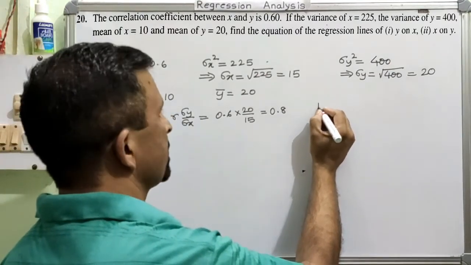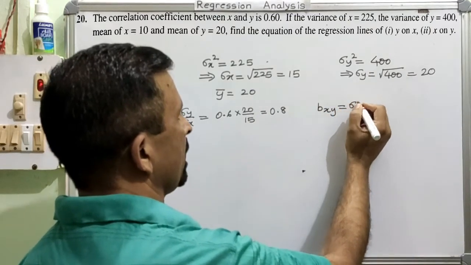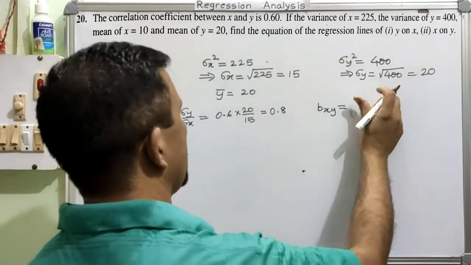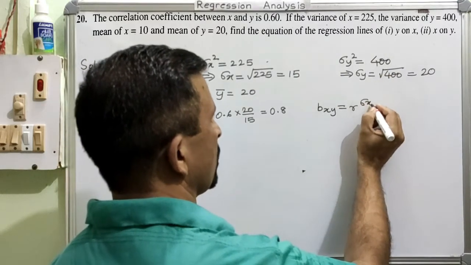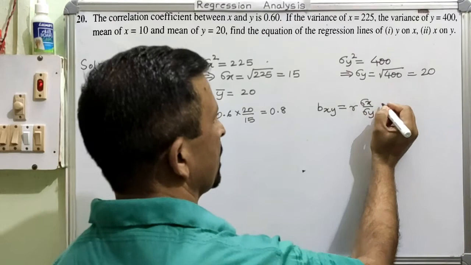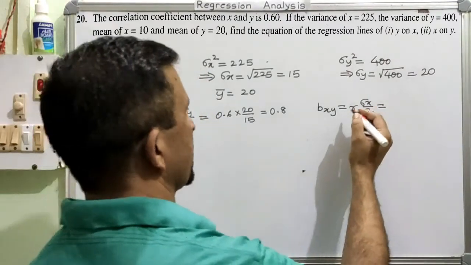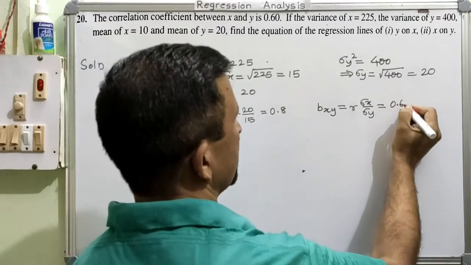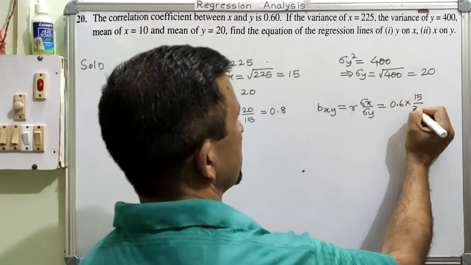Now let us calculate the regression coefficient of x on y. This will be r into sigma x over sigma y. Now hope you all are finding it easy. R is 0.6, sigma x is 15, and sigma y is 20.